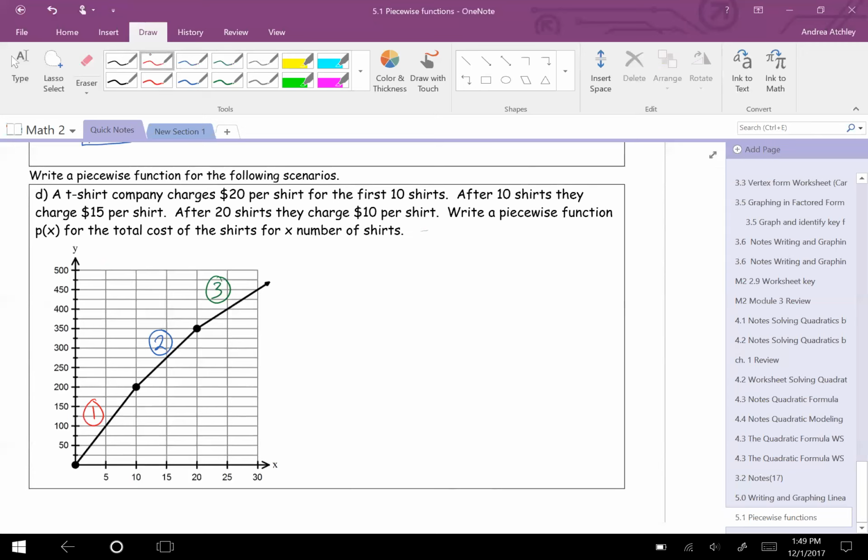So for that first one, we want the slope. Remember, the slope is like the rate of change, or it is the rate of change. So what rate are these shirts being sold at for the first one? $20, okay? So you don't even have to look at the graph. The rate at which they're being bought is $20 per shirt.